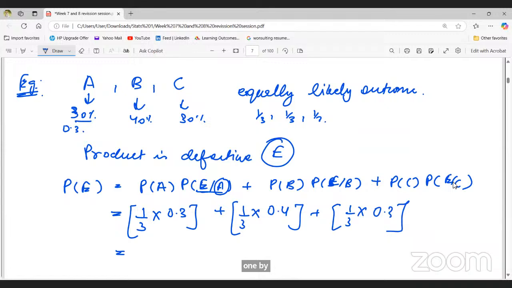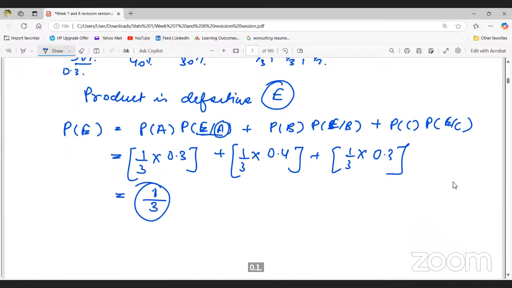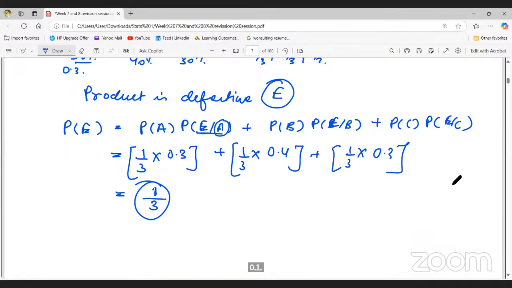So it would be equal to 0.1 plus 0.4 by 3 plus 0.1, which would be 1 by 3. So this is the probability that the chosen product is defective.